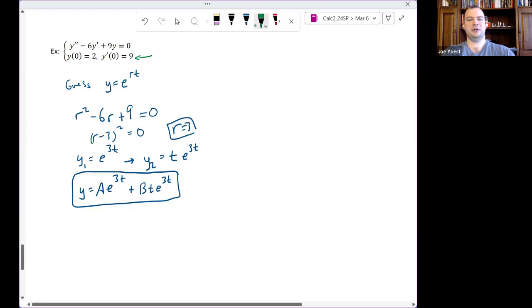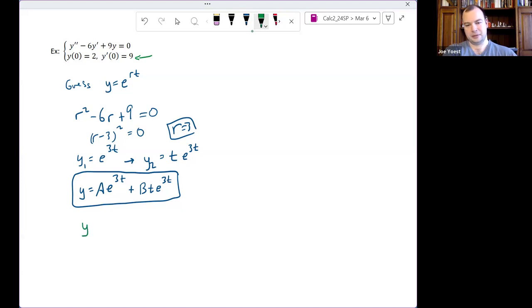And again, I have an initial value problem. I want to meet some initial conditions. y of 0 on one hand is just a, and on the other hand, that's got to be 2. And similar to above, y prime of 0 is going to be 3a.